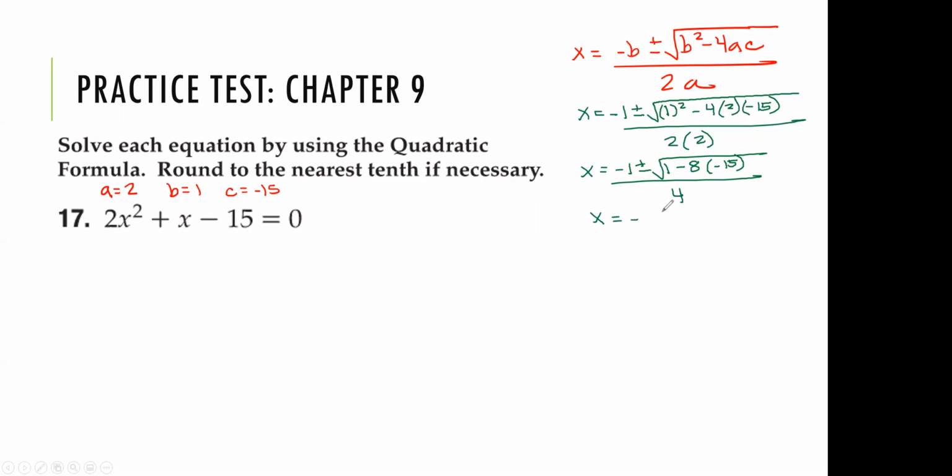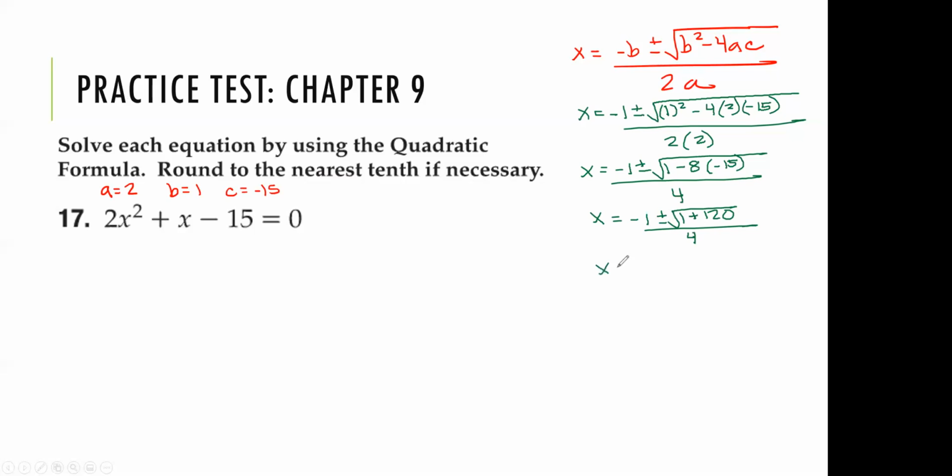So then I've got negative 1 plus or minus, and I need to multiply before I subtract here. Okay, so negative 8 times negative 15 is going to be positive 120. I still need to divide that by 4.